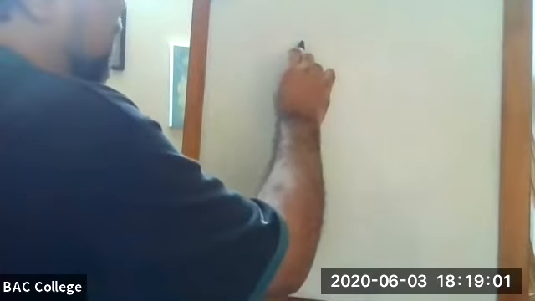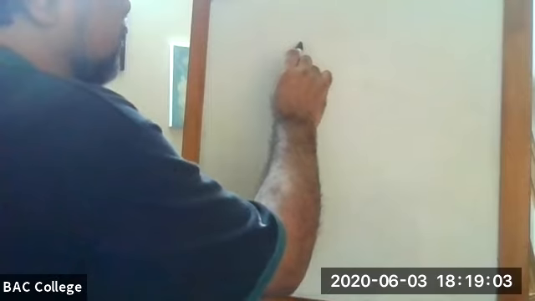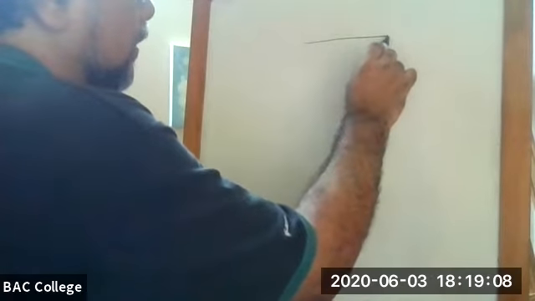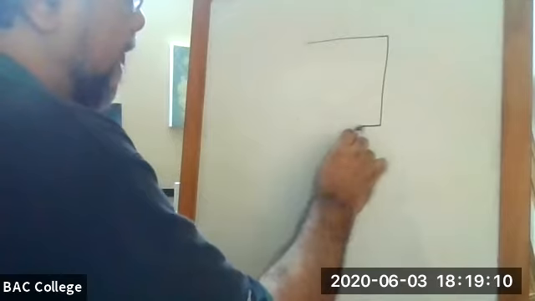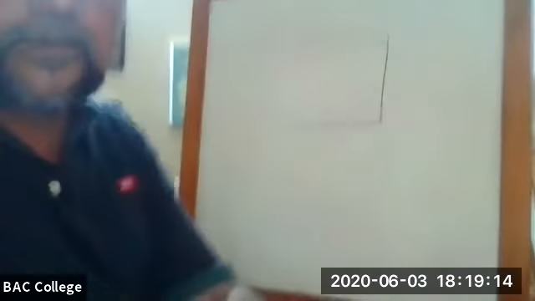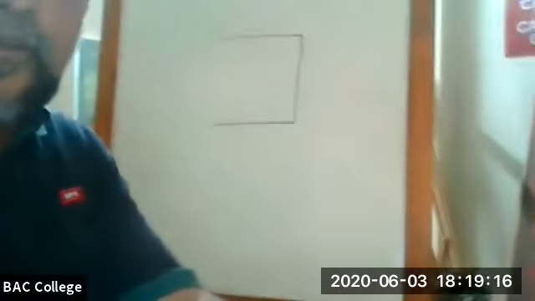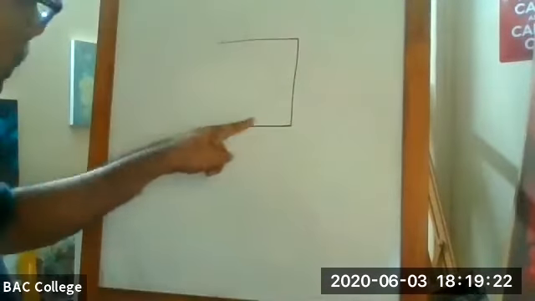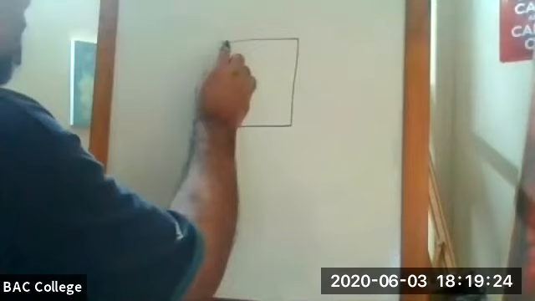First, I'm going to ask you to draw a block like this. Don't draw the other side yet. Just draw a sharp block here, a block here, and a block here.